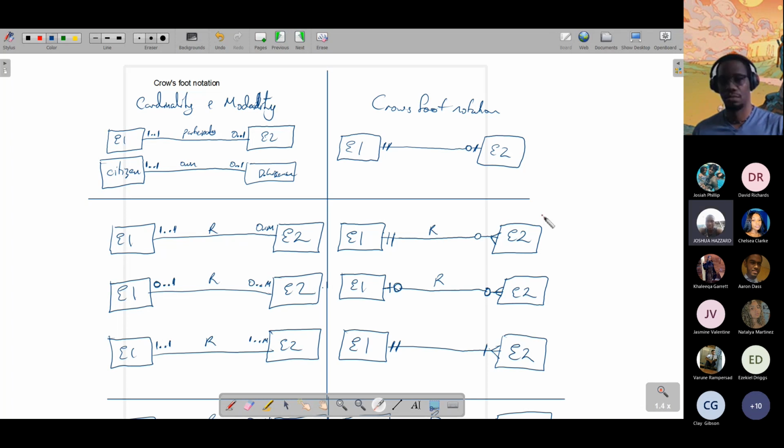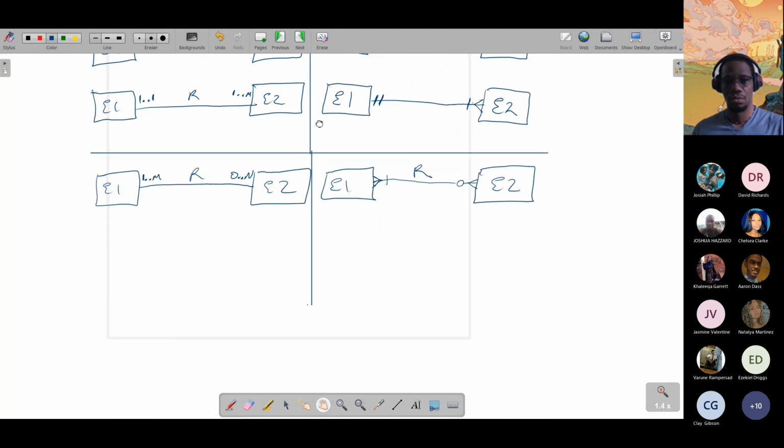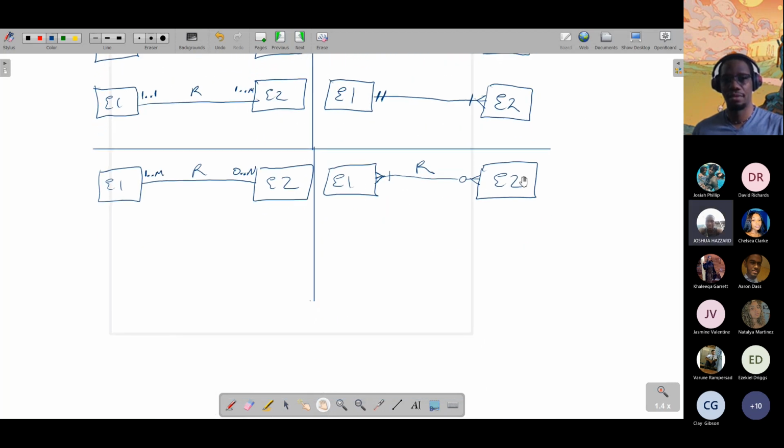So if you could scroll down, that's how many you have there, the last one. Yeah, this is a many-to-many, and that's a 0 to many you have there. Which, no, this is a many-to-many. But what the modality is saying is that entity 1 can relate to 0 or more instances of entity 2.